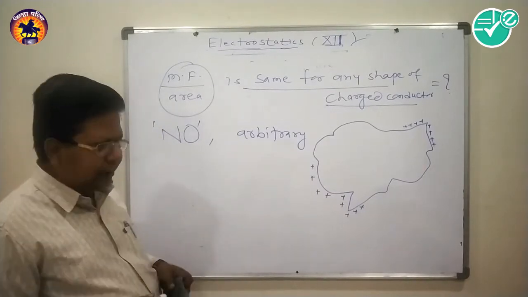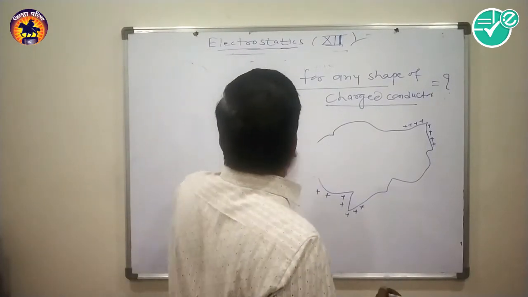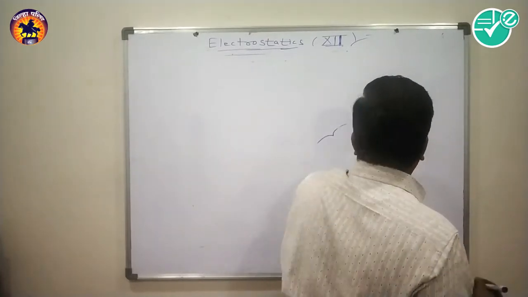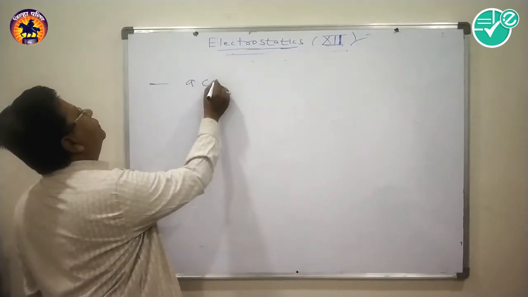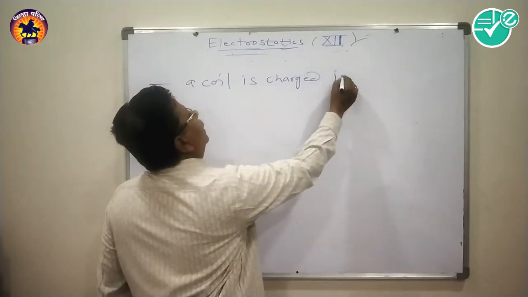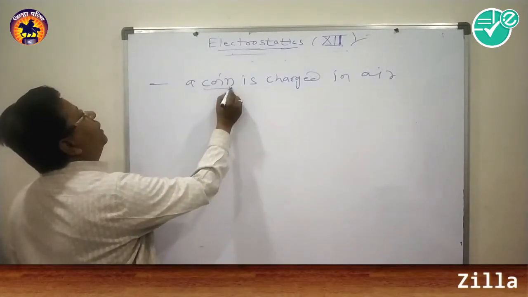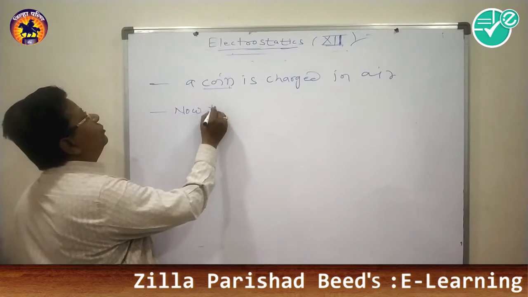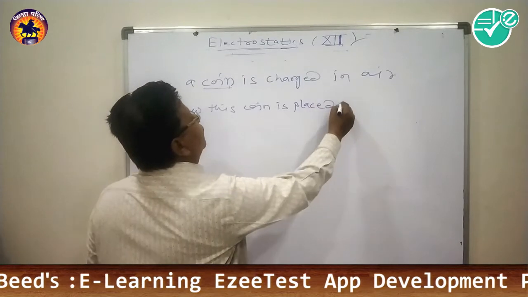And finally, again one question, or we say a numerical or MCQ. Suppose that a coin is charged in air. So initially a coin is charged in air, and now this coin is placed in kerosene.